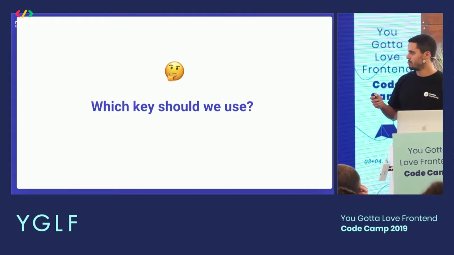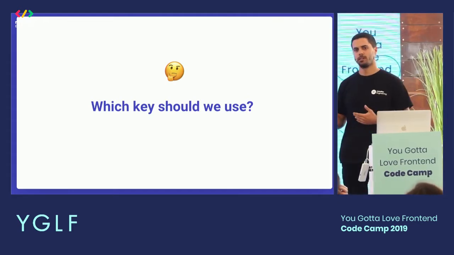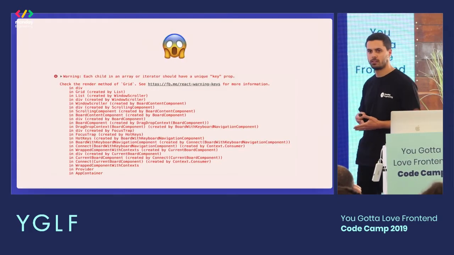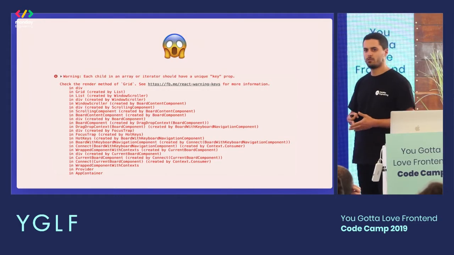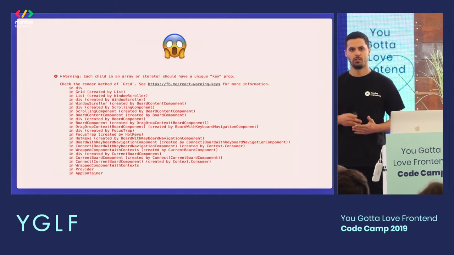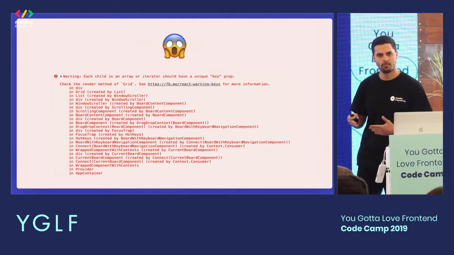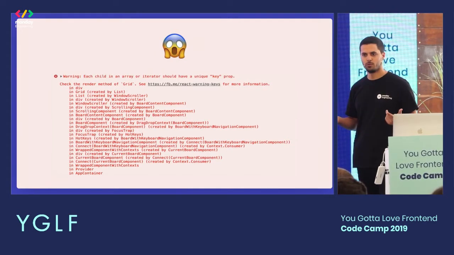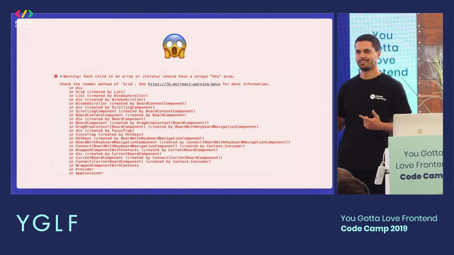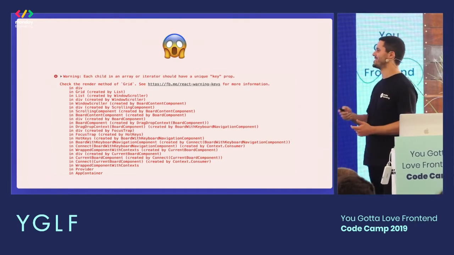First of all, once we render a list and we didn't choose a key, React will throw this warning and say, hey, you have to choose some key. You need to give each one of your elements at least something. So what do you all do in this case? Some React developers? Index, awesome.